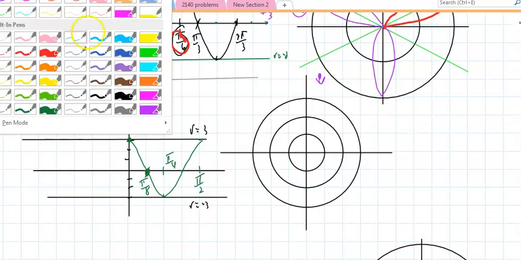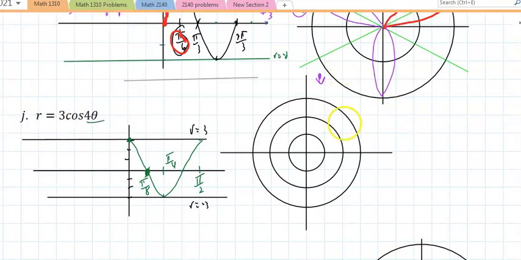Well, how am I going to do pi over 8? Observe. This is pi over 4. This is pi over 4. You're going to cut that in half. If you multiply that by a half, you're cutting those into 8 equal parts. Again, not a traditional graph, but we're going to do it anyway.